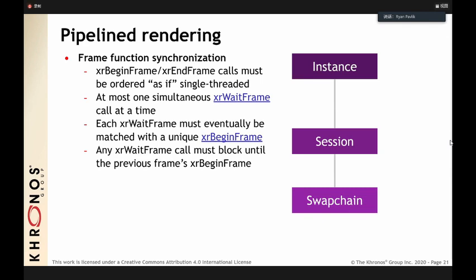You can have at most one simultaneous XR wait frame call being executed at a time, and each XR wait frame must be eventually matched with a unique XR begin frame. They come in pairs. Each wait frame has a begin frame, and each begin frame has a wait frame. Additionally, any XR wait frame call will block in the runtime at least until the previous frame's XR begin frame call has been made.